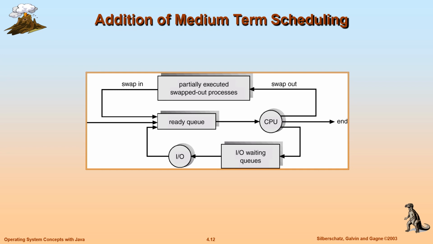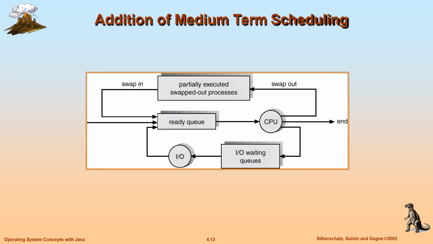If the system is overburdened, then we remove some of the processes, and after that the process can be reintroduced into memory and its execution continued where it left off. This removal is done when multiprogramming has increased, to reduce the multiprogramming.